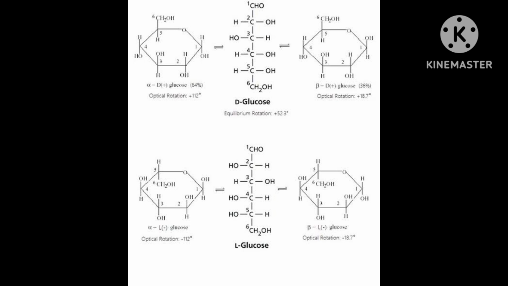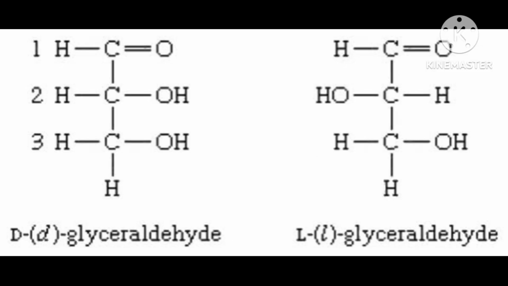In alpha D-glucose, OH is at the right side, correct? And in beta, at carbon number 1, OH is at the left side. This is the only difference.